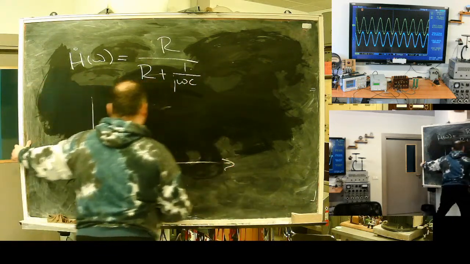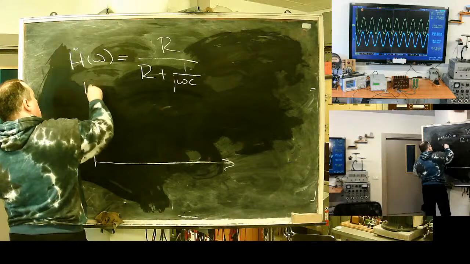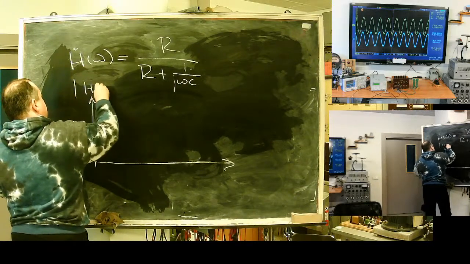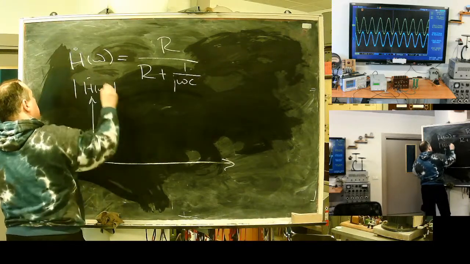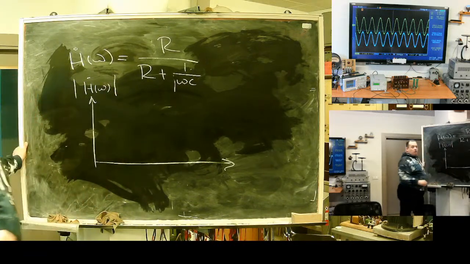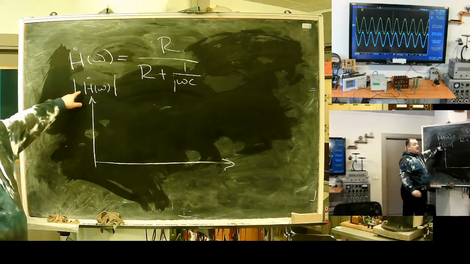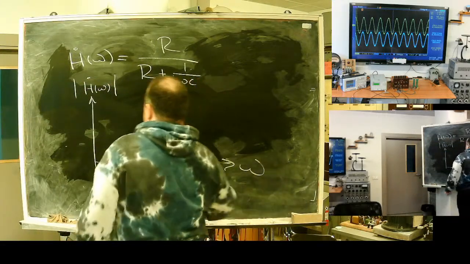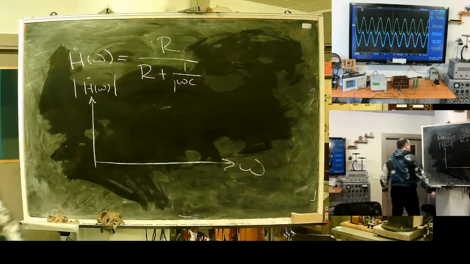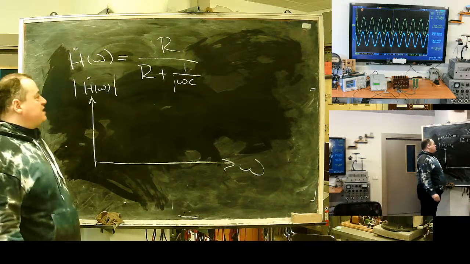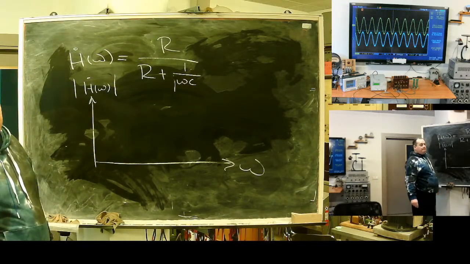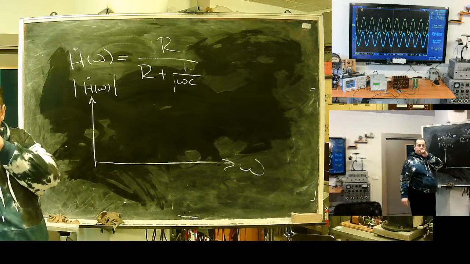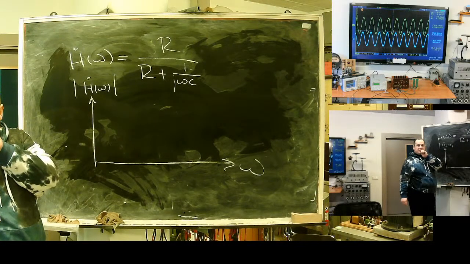I would like to draw a chart. I don't know how to draw a complex value, so I will take the absolute value as a function of frequency. How do you think? With an increase of frequency, what will happen? Frequency increases.